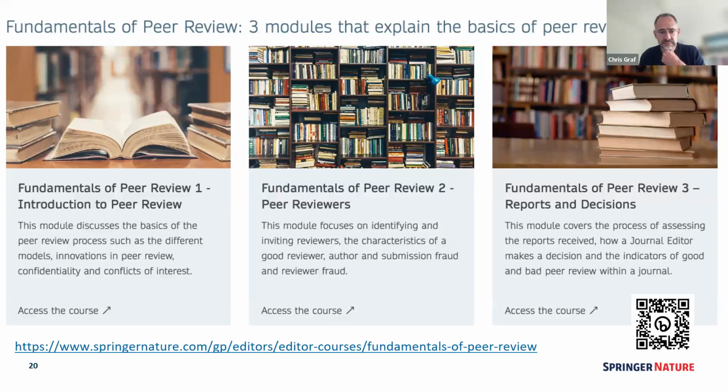Module 2 is about what makes a good reviewer, and then again, some ethical aspects like submission fraud and reviewer fraud. And on to module 3, which looks at how editors consider the reports that peer reviewers provide to them, and then the indicators of a good or poor peer review within a journal.